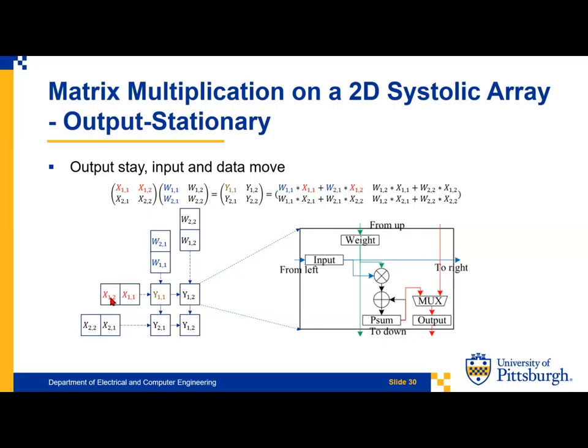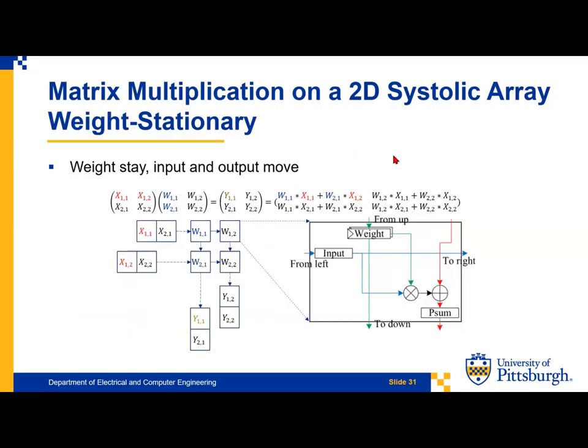In the second cycle, the w12 will be multiplied with the w21, accumulated with the previous result, and stored in the register on the y11. In this way, after 3 cycles, oh no, after 4 cycles, we could finish the operation to get the whole result.